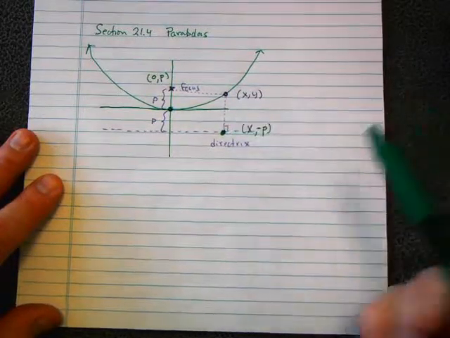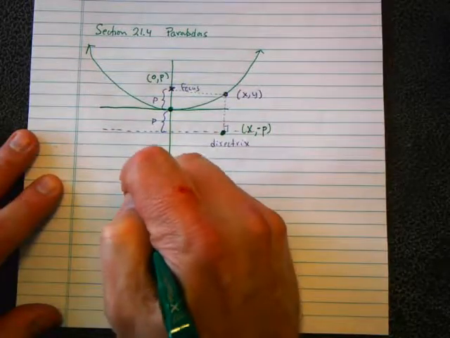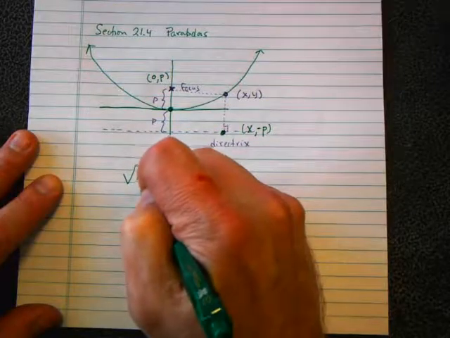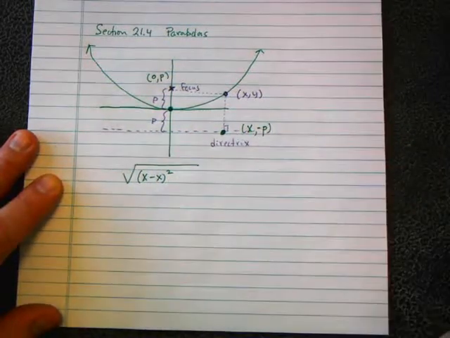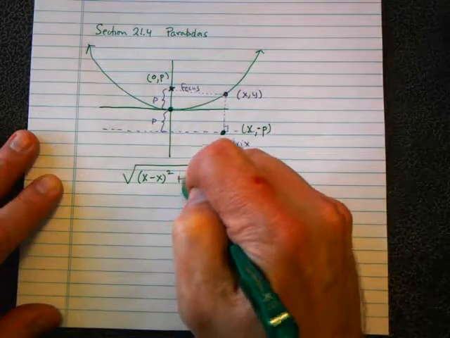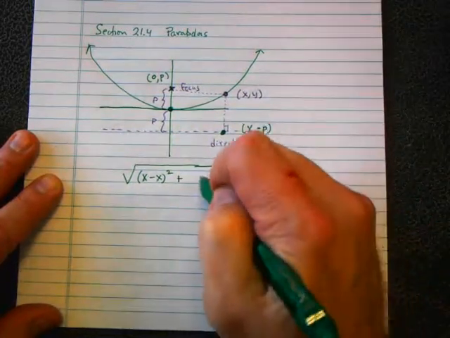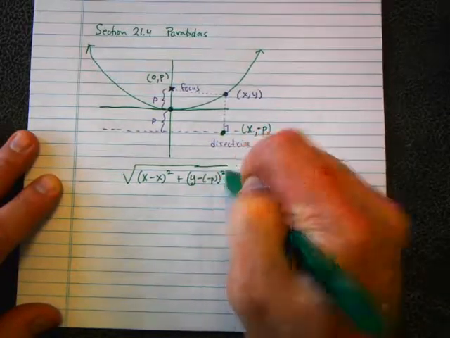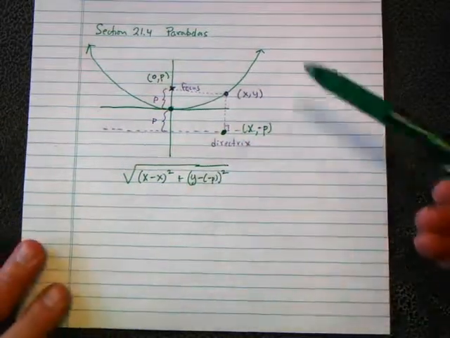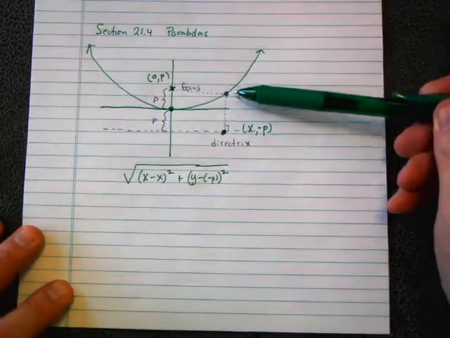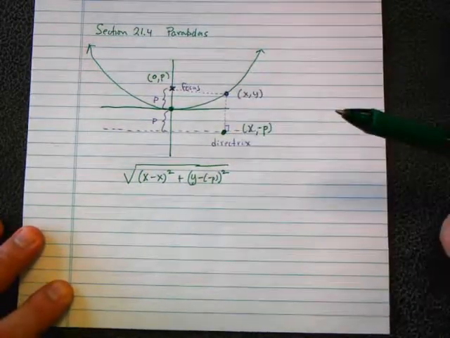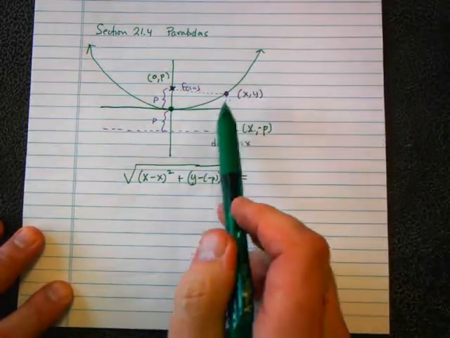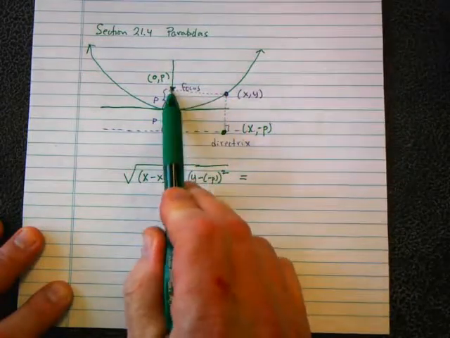According to the distance formula, we would take the square root of, we would subtract the x numbers, x minus x squared, plus we would subtract the y numbers, y minus negative p squared. So that's this distance, the distance from this point, x y, straight down to that point, x negative p. And that has to equal the distance from x y back to the focus.